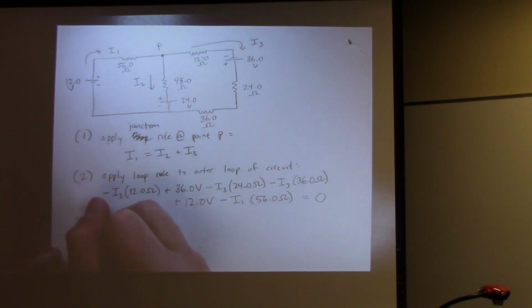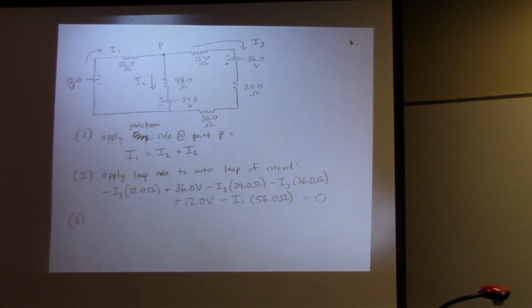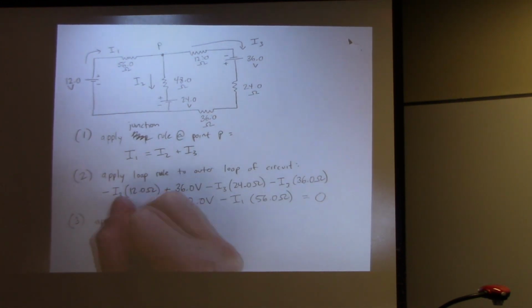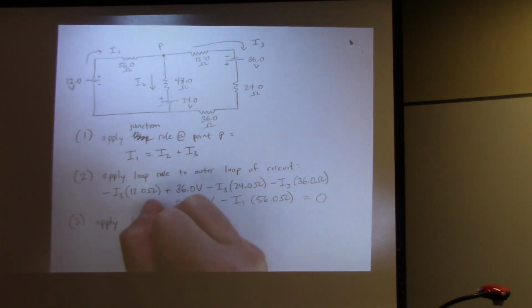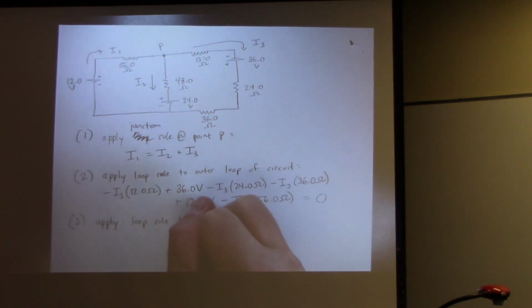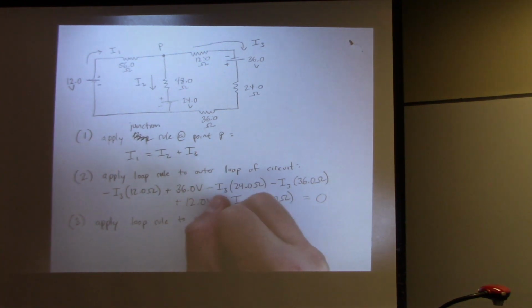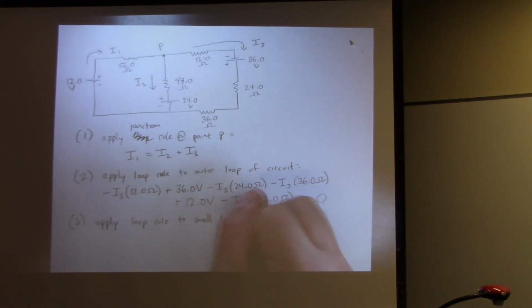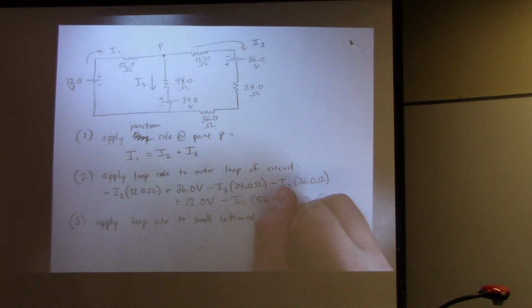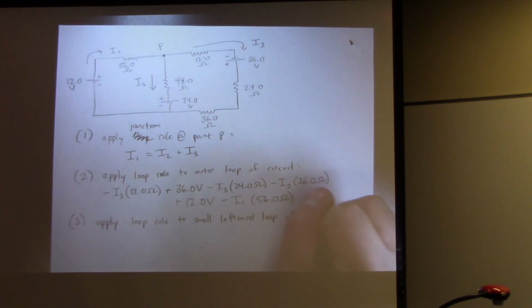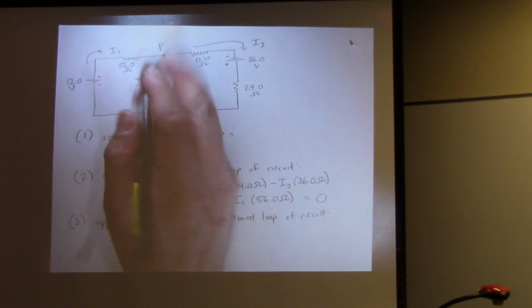Okay, now look at equation number 3, which is we're going to apply the loop rule to the small leftmost loop of the circuit. So I'm talking about right here on the left.